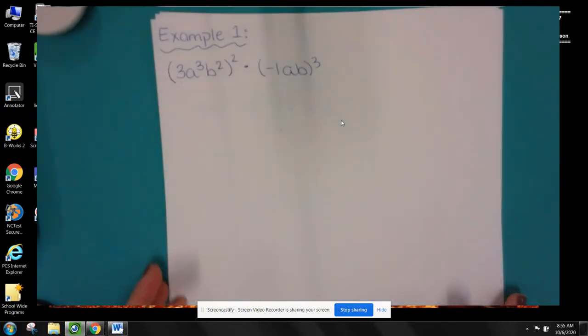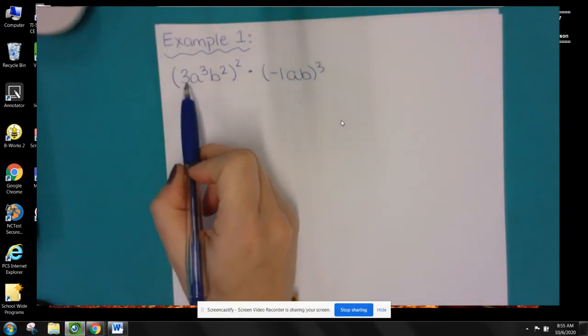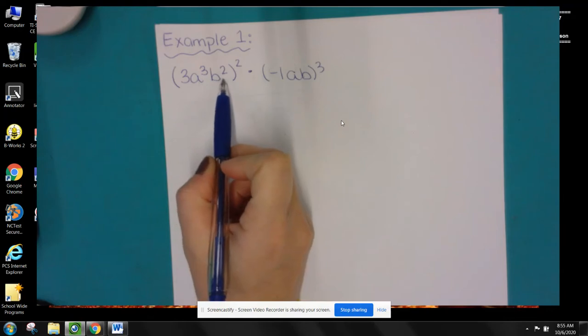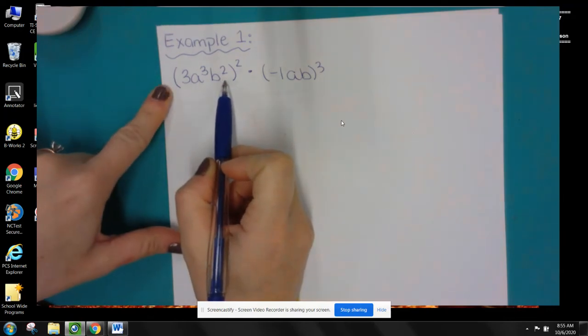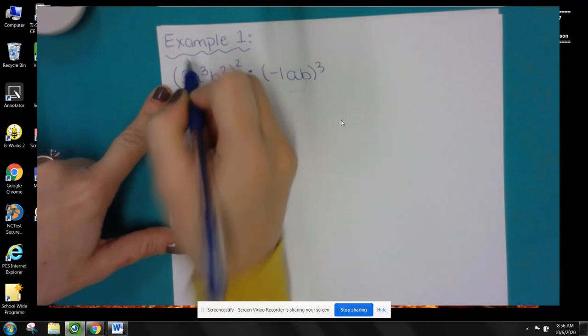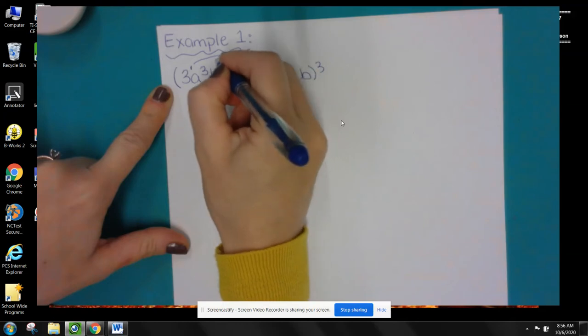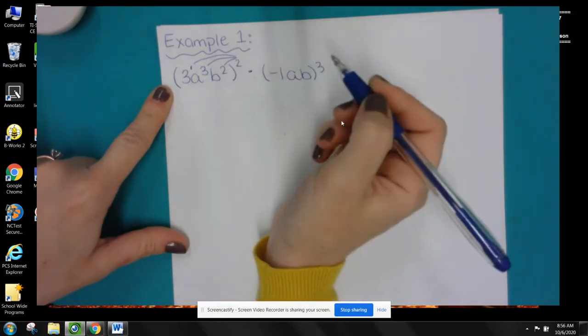All right, so I have 3 pieces in my first parentheses. Technically, 3 has an imaginary exponent of 1. So I'm going to do 2 times 1, 2 times 3, and 2 times 2.